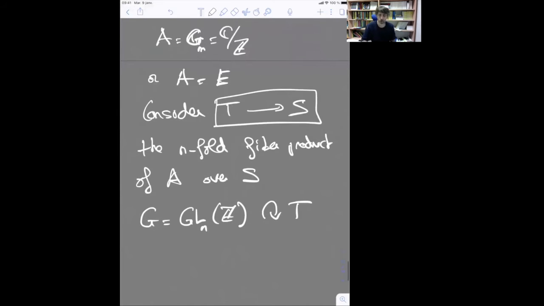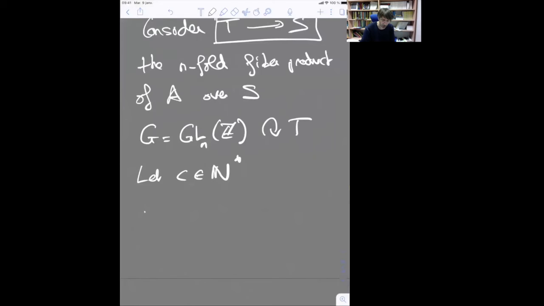And what we will do is essentially play the same game. We will consider the equivariant cohomology of T minus some points. To describe the points I will erase, let c be an integer.